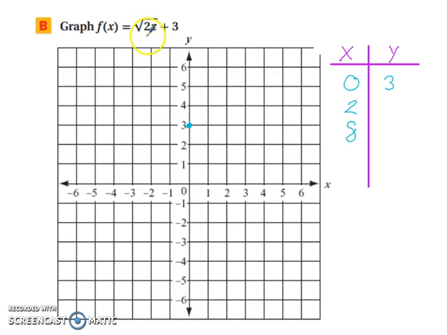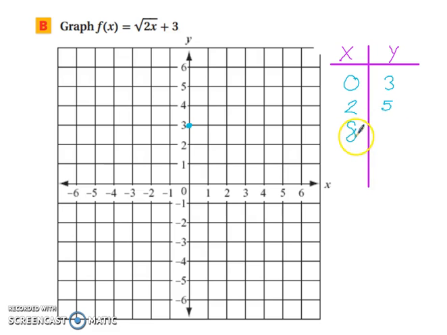But when you multiply, it changes how fast the graph rises. So now let's plug in a 2. We have 2 times 2, which is 4. And then we have the square root of 4, which is 2. And then we add 3 to that. So we end up with 5.